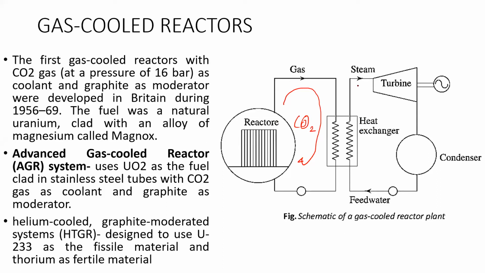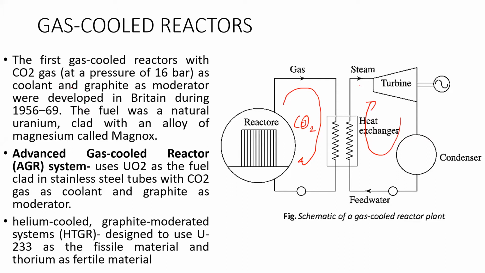Now this steam is given to the turbine. It means there is one more loop, the water-steam loop. Like in PWR, here also there are two loops, but the coolant is CO2. In PWR, the coolant was water. The same information is given here.